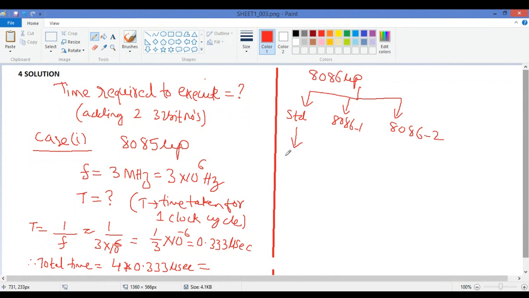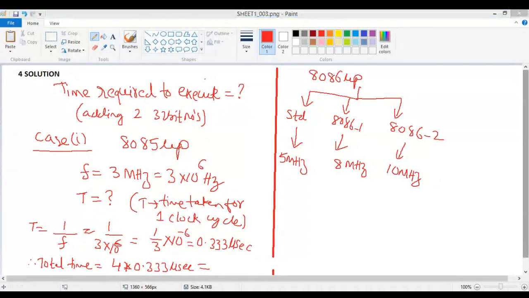Do you remember? I think it is 5 megahertz, and this is 8 megahertz, and this is taking some 10 megahertz.